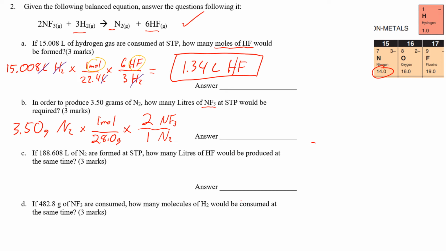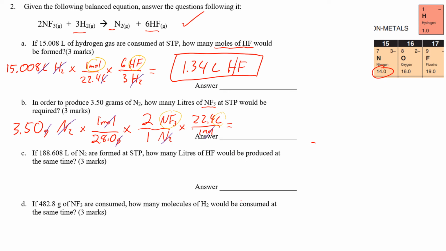Okay, and then I want to convert that into liters. So unit check: grams cancels with grams, nitrogen cancels with nitrogen, moles cancels with moles. And my unit now is liters of NF3, and that's what I want.